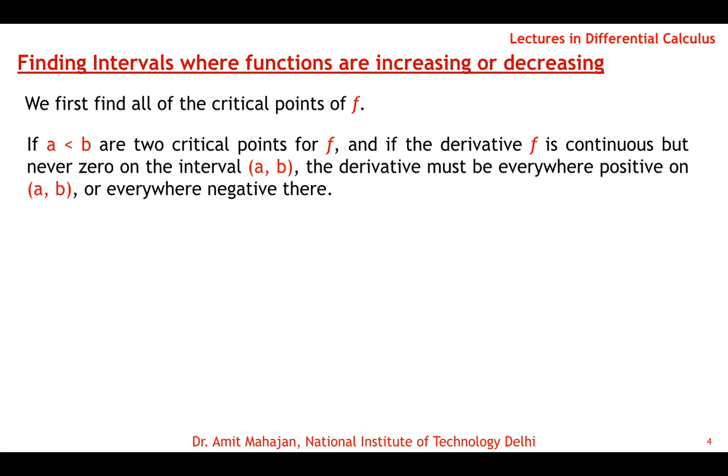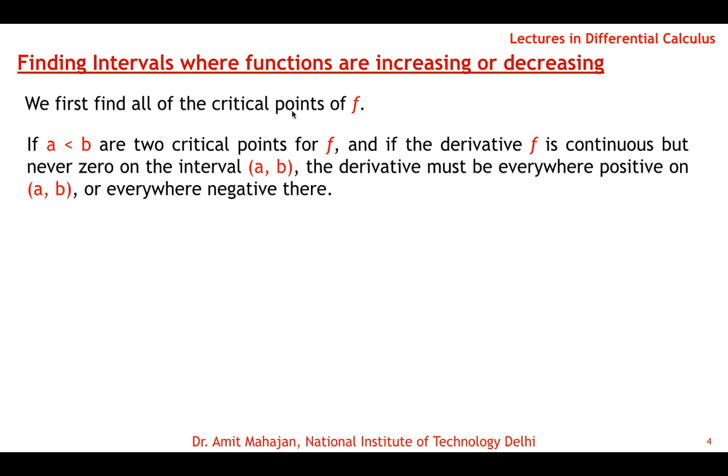So to find the critical points, you have to calculate the first derivative of the function, and then find all those points of the domain at which the first derivative is either 0 or not defined. All those points of the domain will then be critical points.